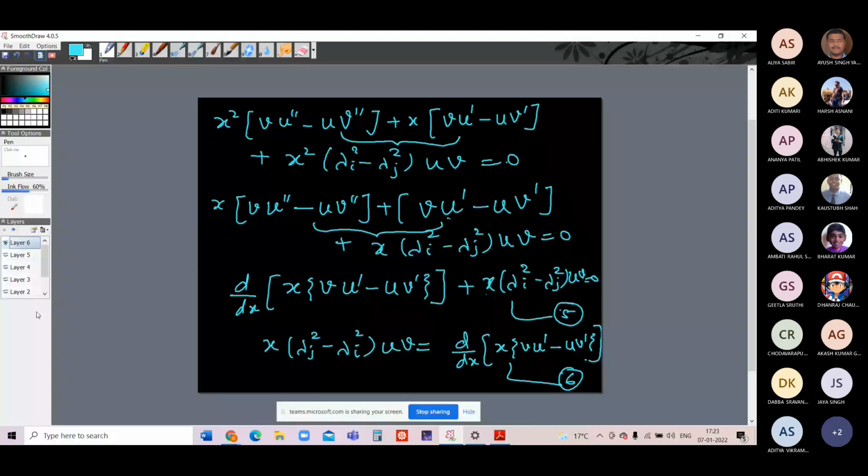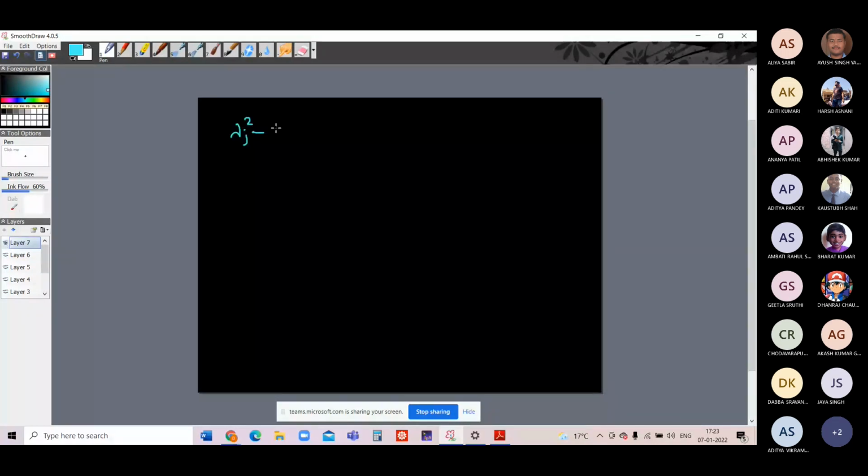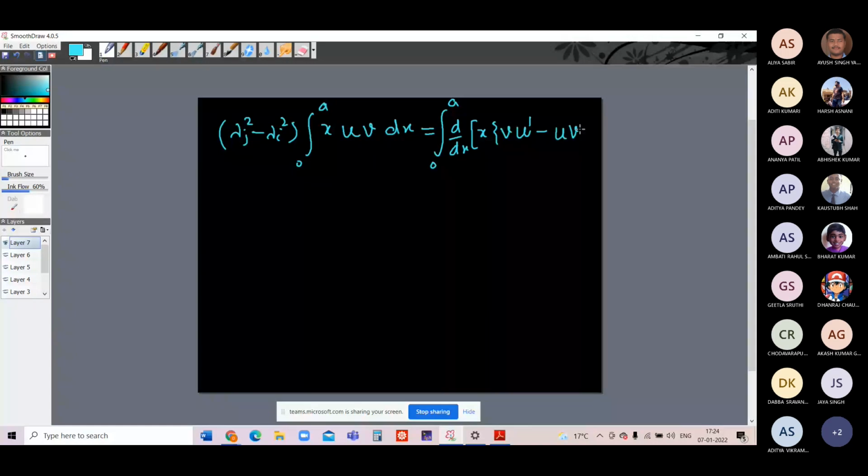Now integrating both sides of equation number 6 with respect to x from 0 to a, it will give you (lambda j square minus lambda I square) times the integral from 0 to a of x u into v dx is equal to the integral from 0 to a of d by dx of x (v u dash minus u v dash) dx.